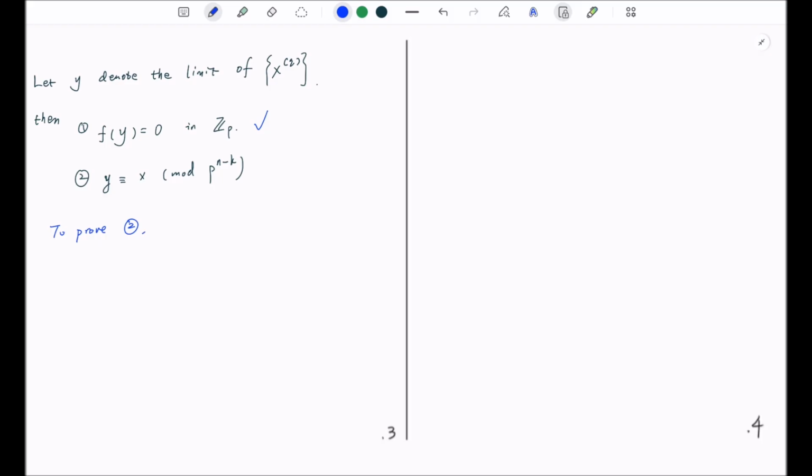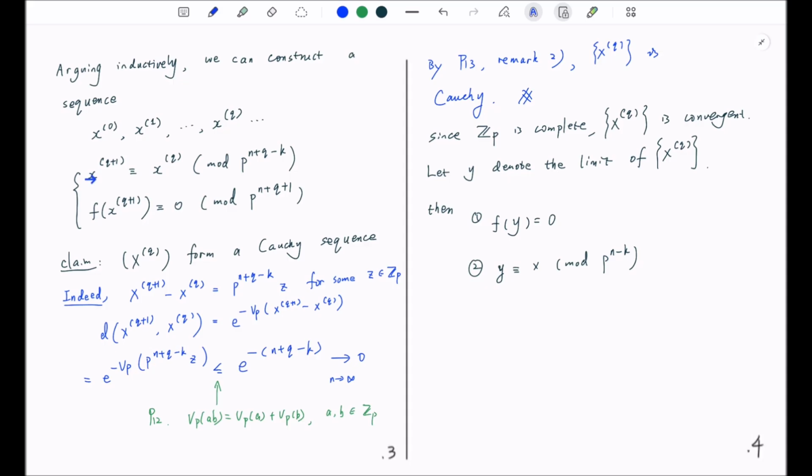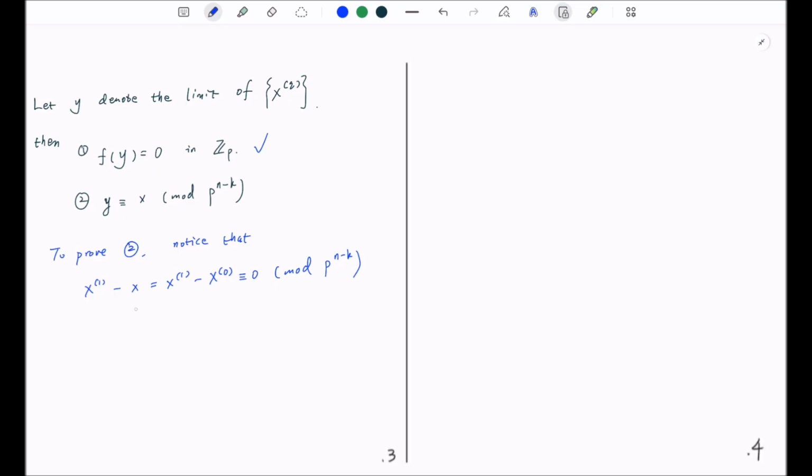To show this, we notice that from the equation, x superscript 1 minus x, which is really x superscript 1 minus x superscript 0, is congruent to 0 modulo p to the power n minus k. And in general, we have this. So let me copy it down here, plus q.